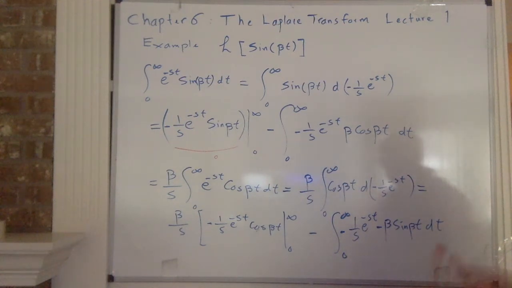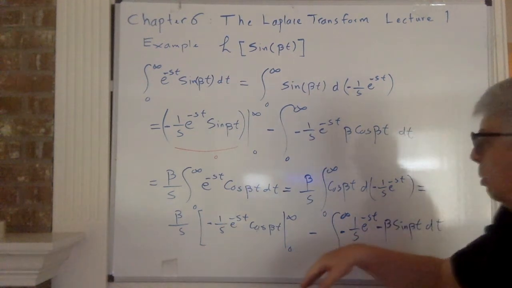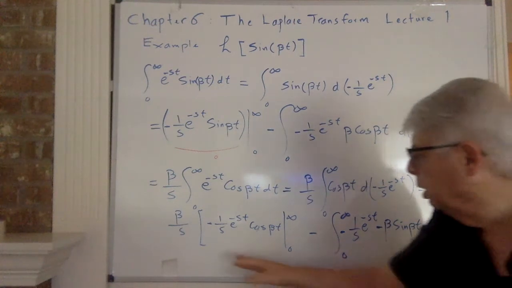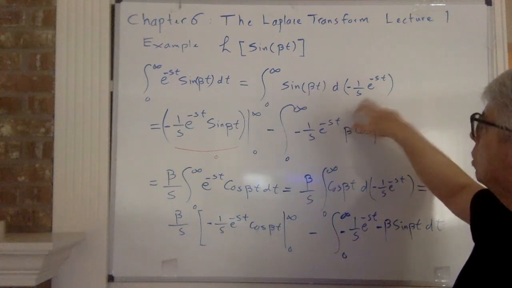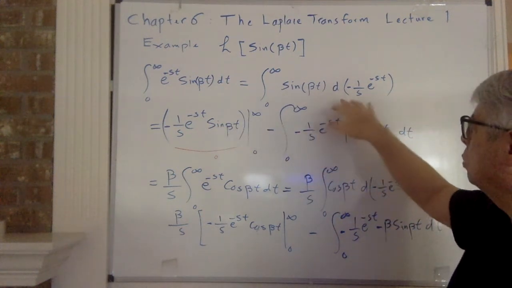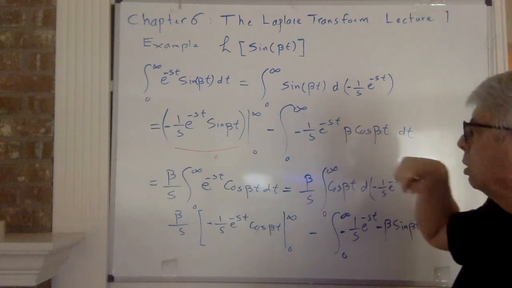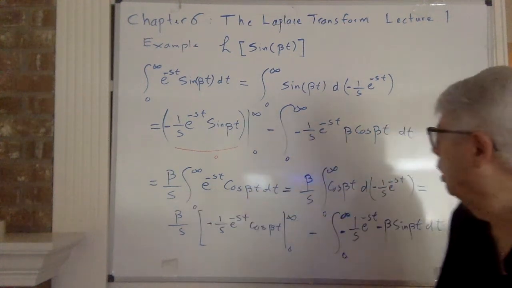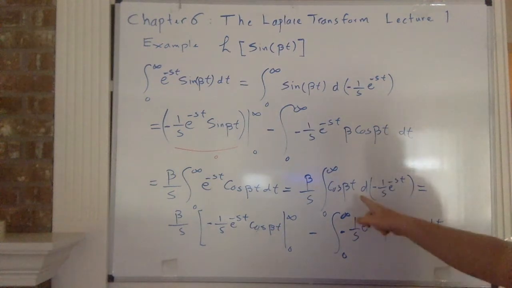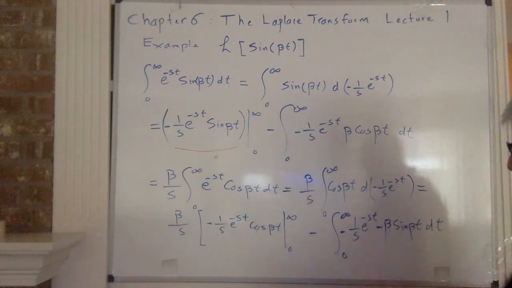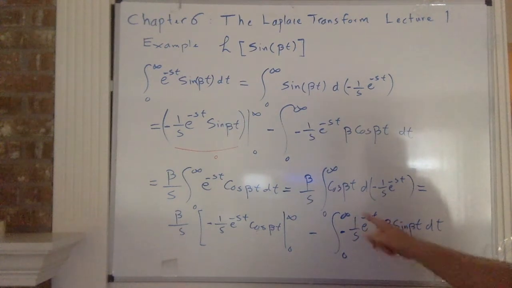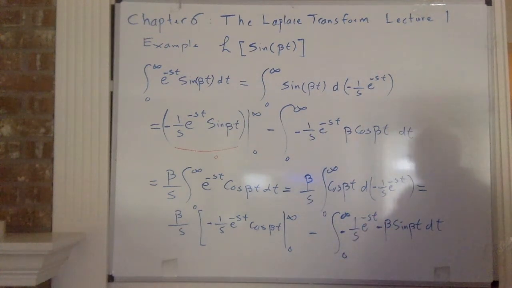So, let me be careful not to make some silly mistake. Let me double check and see if minus 1 over s is correct. So that's correct. And minus 1 over s, derivative of this, beta cosine, that's correct. Minus minus to plus. And that's beta over s e minus st. Then I have this thing here. So I have minus this times this, the beta over s outside, and 0 to infinity, and that's minus minus minus. So that is in fact minus.